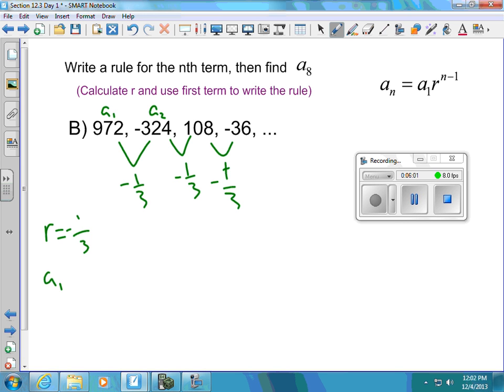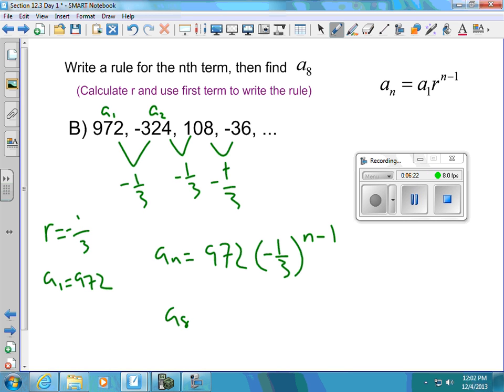Our a sub 1 is 972. And we have 972 times negative 1/3 to the n minus 1. There's our model. Our second part is find the eighth term.